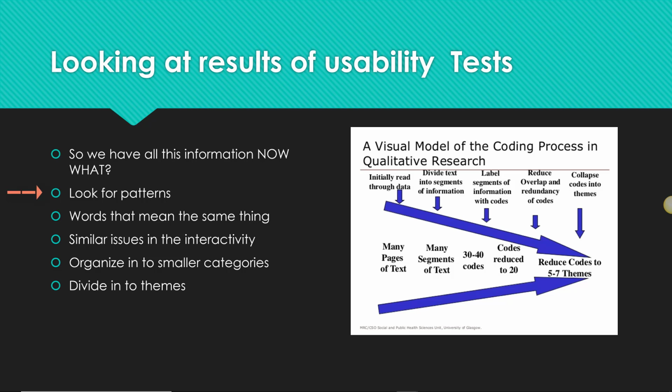So you have to drill down the information and codify it. What you do is you look at the information and you try to identify patterns, words that mean the same thing, similar issues with the interactivity. So say someone had problems finding the assignments, or they didn't know where to find when the assignment was due, okay?